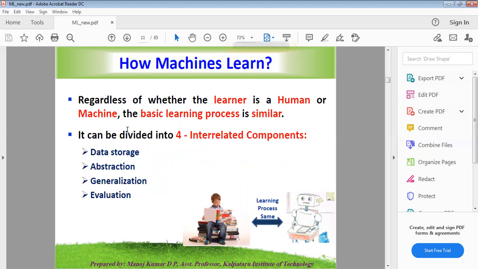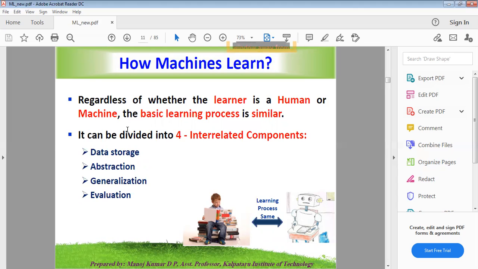So what is the learning process? It can be divided into four interrelated components: data storage, abstraction, generalization, and evaluation.